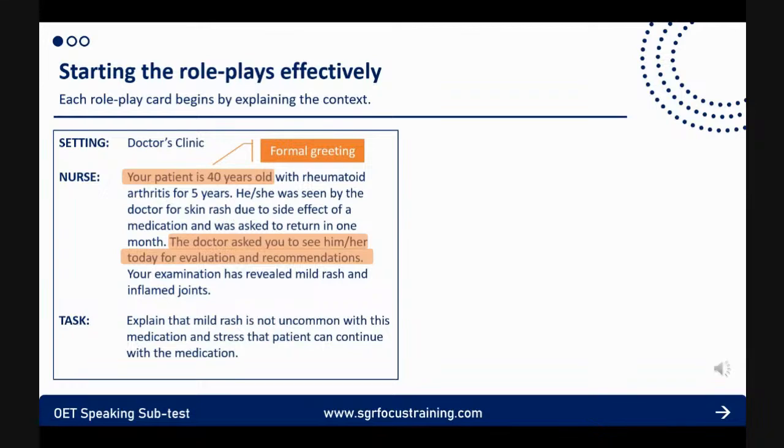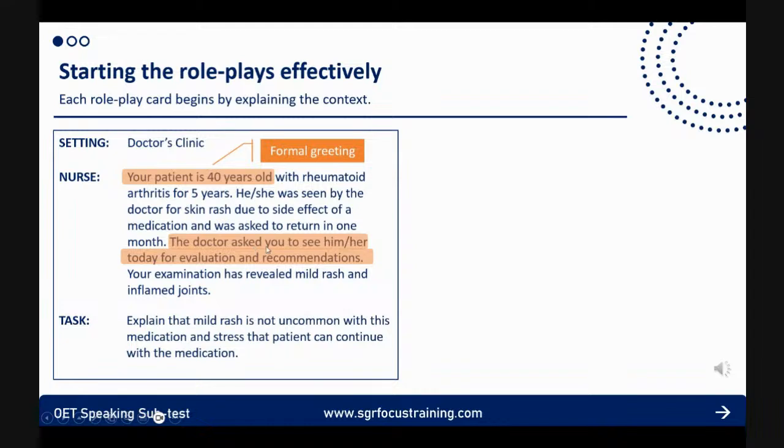The current issue is that they're taking a medication for rheumatoid arthritis and they've experienced a side effect. That is skin rash. So you've got skin rash in there, which is a side effect of the medication that they are taking. So basically, they're coming to see you because they're worried about the rash.